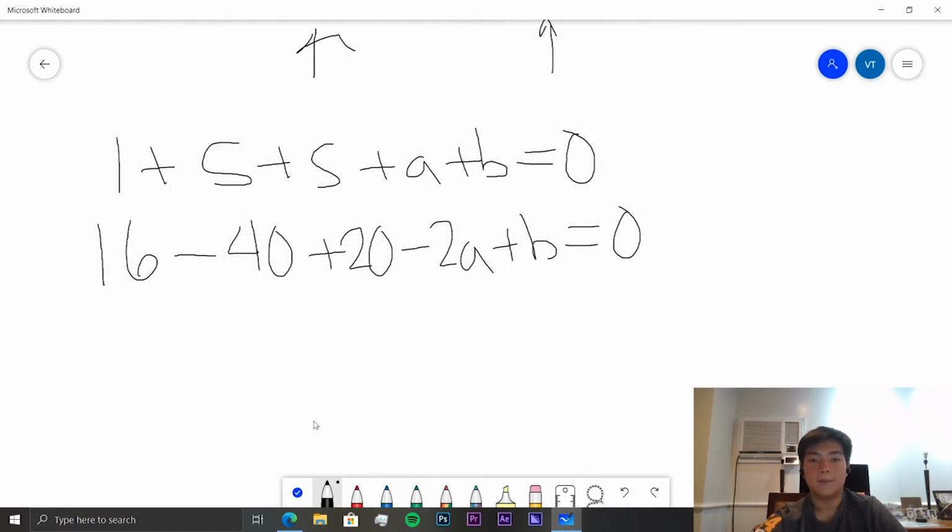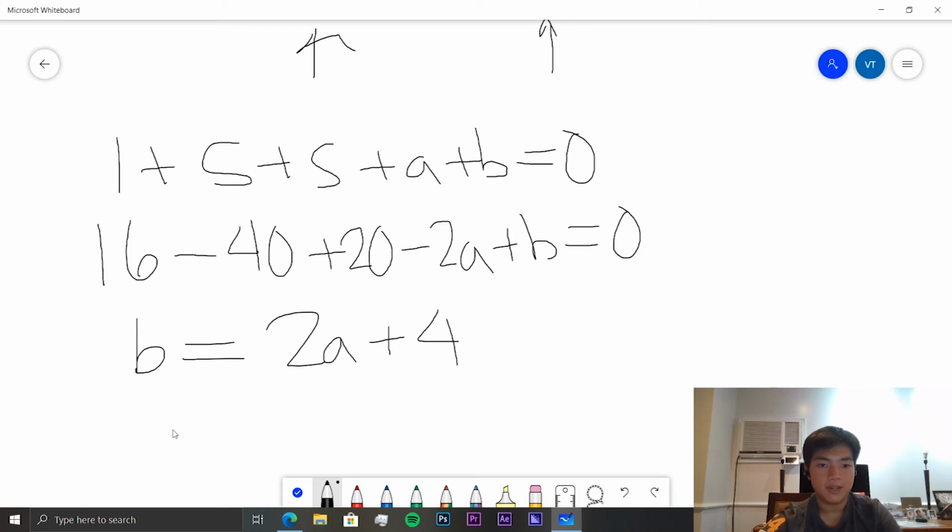So, well, what we can clearly tell is that from the bottom one, b is equal to 2a plus 4.